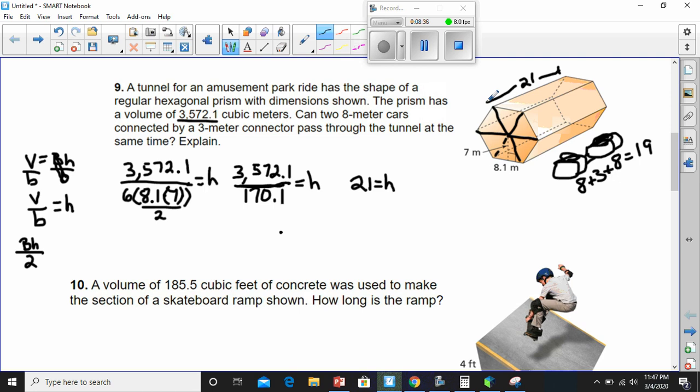All right? And now that we know that, and we realize that the 2 cars and the connector only need 19, we can say that yes, let's type this out.